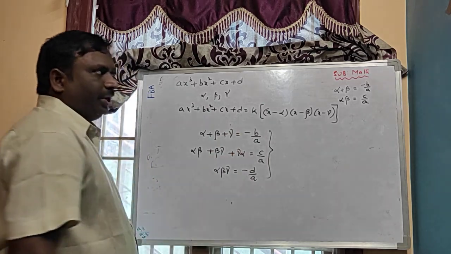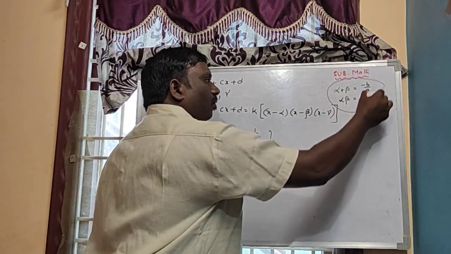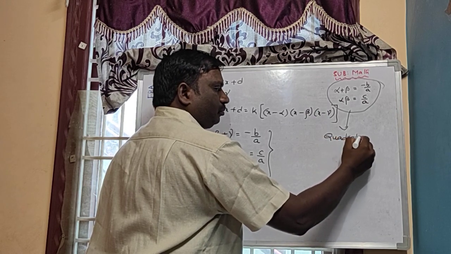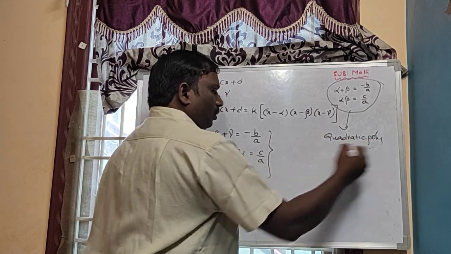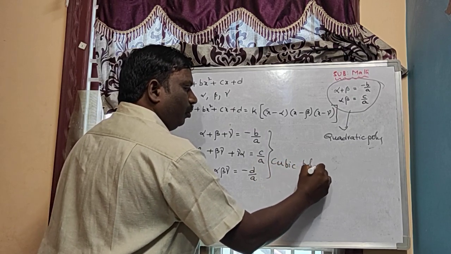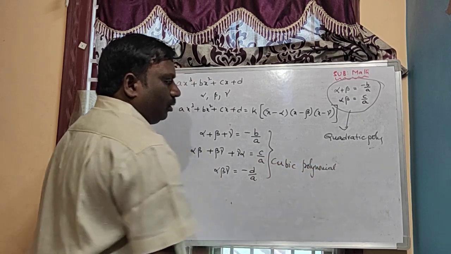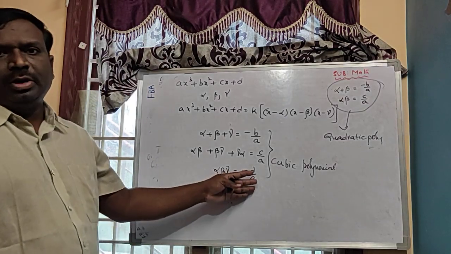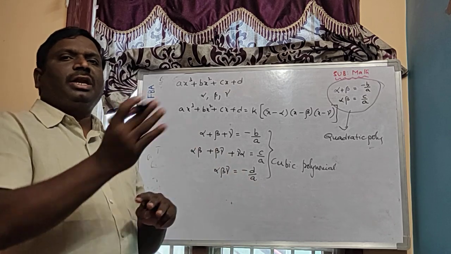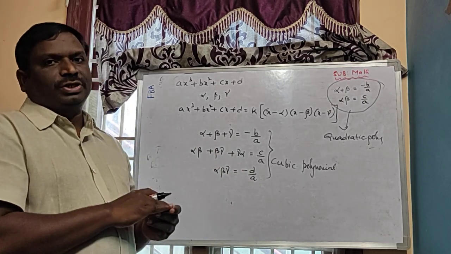These are very, very important. This is for the quadratic polynomial, and this is for the cubic polynomial. In this cubic polynomial also, sometimes in the questions they will give three zeros and ask you to verify the relationship between zeros and coefficients.